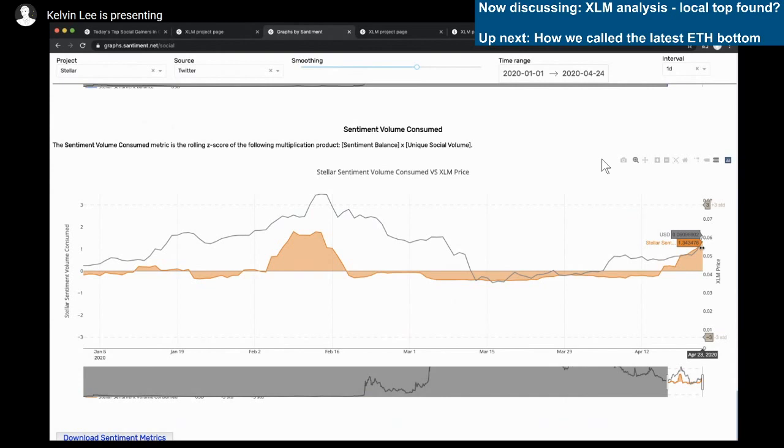Given the amount of social mentions, once again, it's a red flag for a local top. The last time this happened was sometime earlier this year, before it fell to the negative area here, which I think is the period of Black Thursday and the mid-March meltdown.